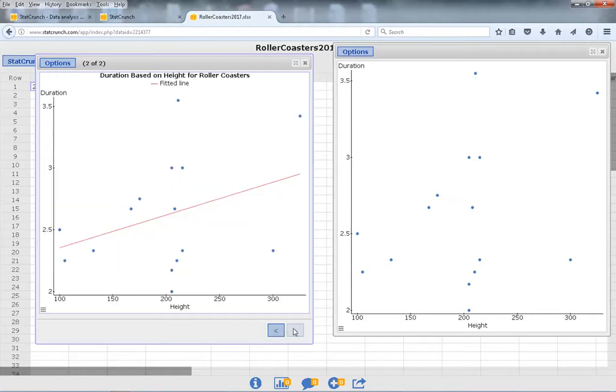Now I can look at the fitted line plot. Okay, so it's going to be the same scatter plot with the line of best fit drawn on it. And even though it looks like it's got a positive slope here, keep in mind that's going to depend upon how spread out your y-axis is and your x-axis. So this really goes from a low of about 2.4 minutes up to a high of less than 3 minutes.